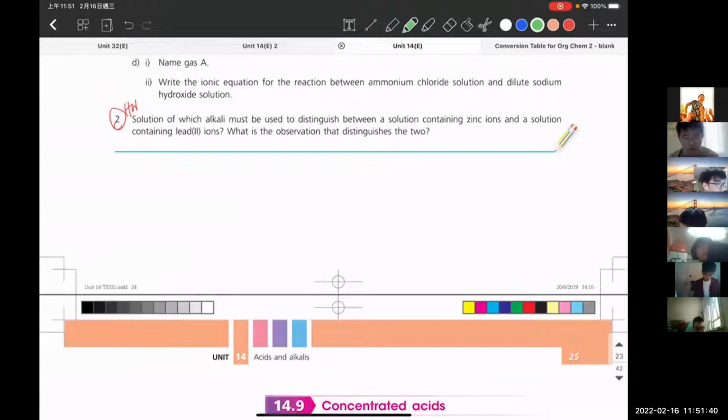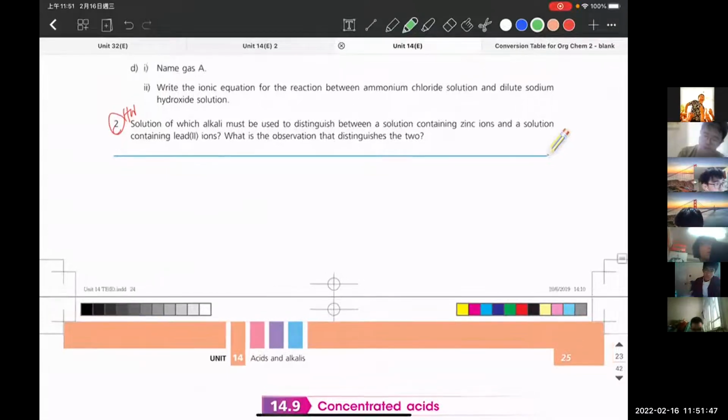Question 2. Solution of which alkali must be used to distinguish? Take a look at the word distinguish, 分別. It means that you are going to use one alkaline and you can easily know which is which.